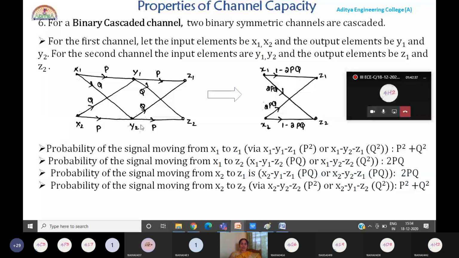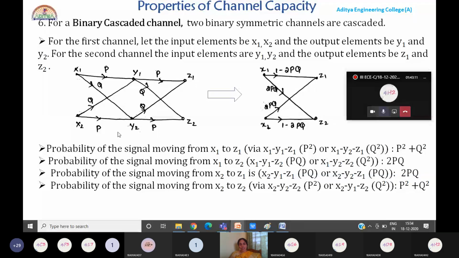So q into q, so the probability is q square. So the total probability of the signal moving from x1 to z1 is p square, that is p into p, plus another path, x1, y2, z1, that is q into q, q square. So the total probability of x1 moving towards z1 is p square plus q square.